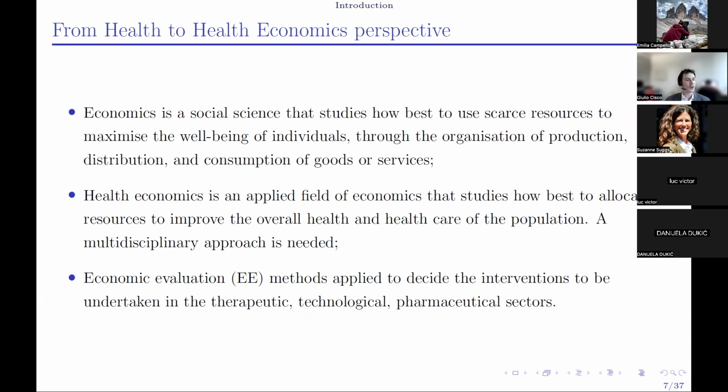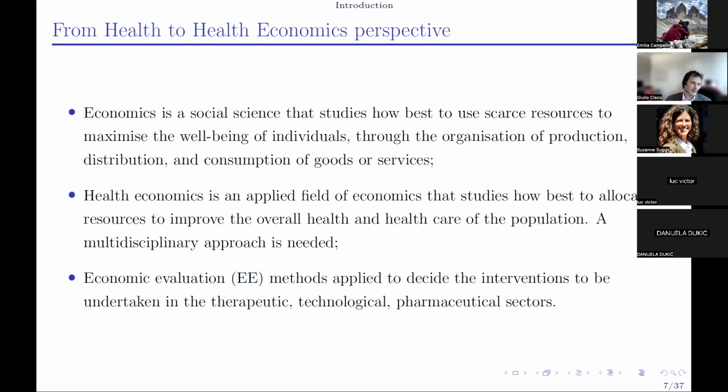To do that, we need economic evaluation, because with this branch of economics, we can use some techniques and methods to evaluate and estimate the effects of each policy, program, innovation, drug, and in this way we can really predict, because of course some unpredictable things can happen, but it's always important to at least predict and try to estimate what can happen.